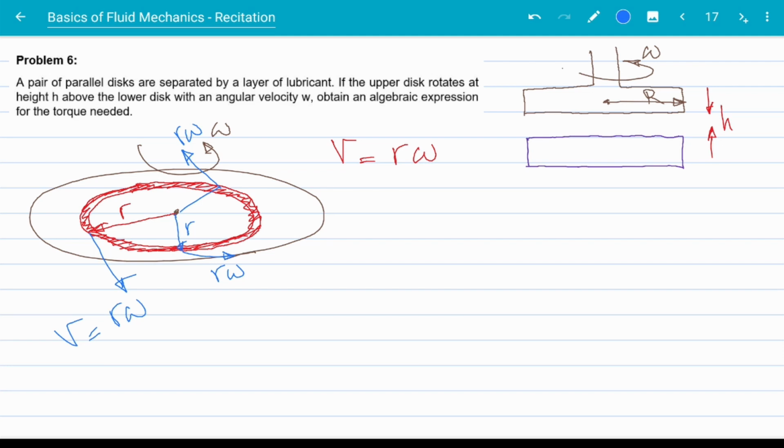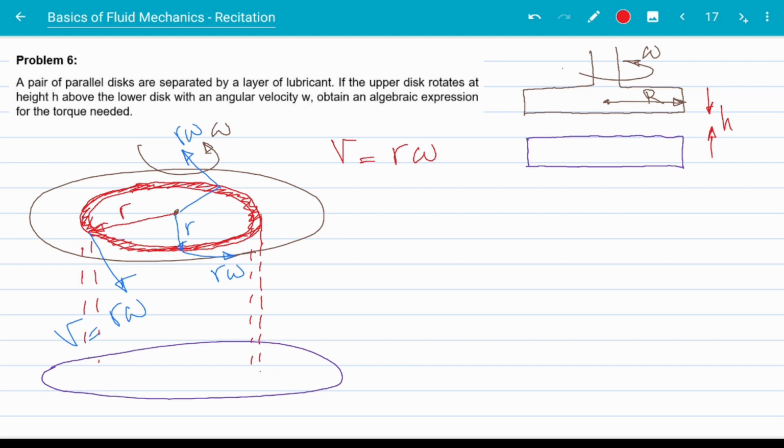I know that there is another disk sitting on the bottom, right? Now the bottom disk is stationary, so the fluid particles next to the bottom disk are not moving. So if I extend my fluid element, this ring fluid element, from 2D to a 3D shell, then I will have something like this, right?